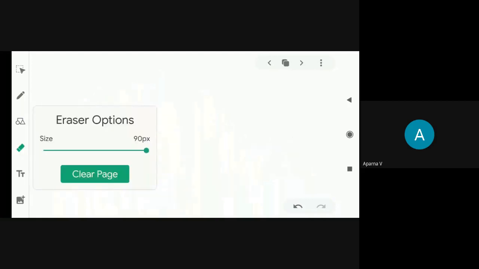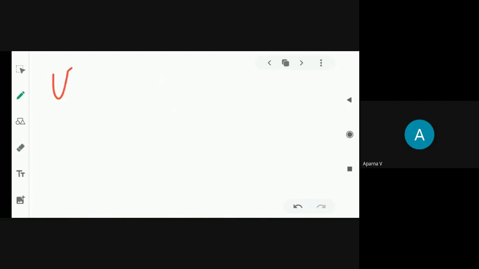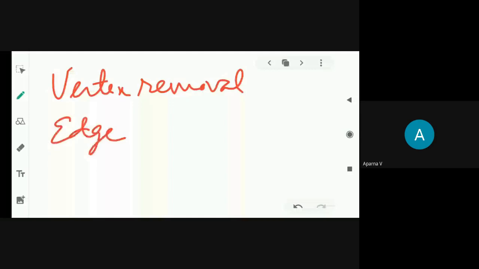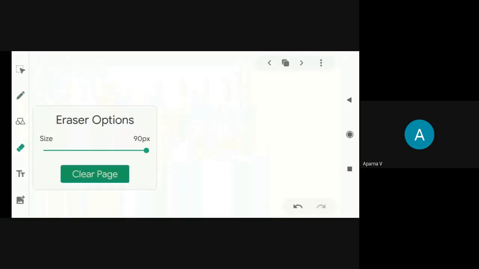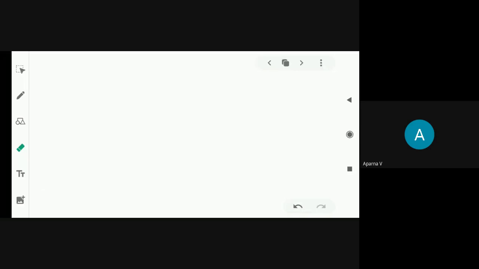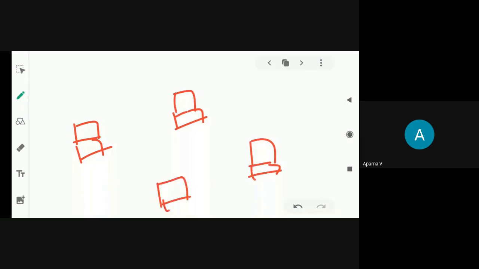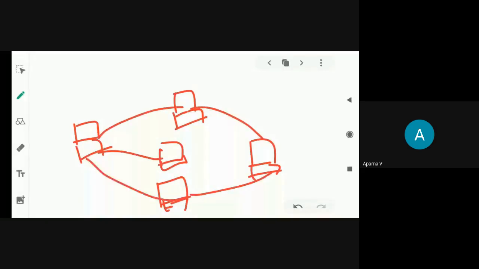This is very important. One is vertex removal. The second operation is edge removal. How can this be done in a graph? For example, suppose you consider a computer network. Here there are 5 computers. I'm connecting them, so here vertices are computers and edges are the connections.